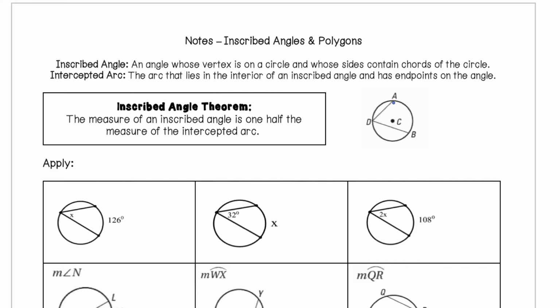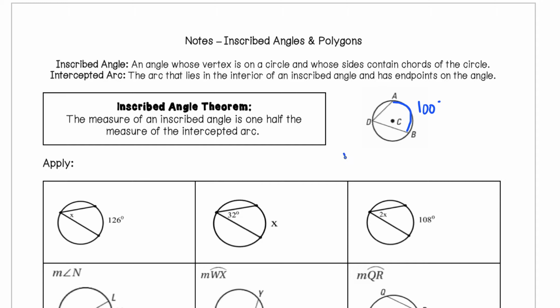So for example, if the intercepted arc AB was 100 degrees, that would mean that the angle ADB would be 1/2 of 100. We would just say that that would be equal to 50 degrees.